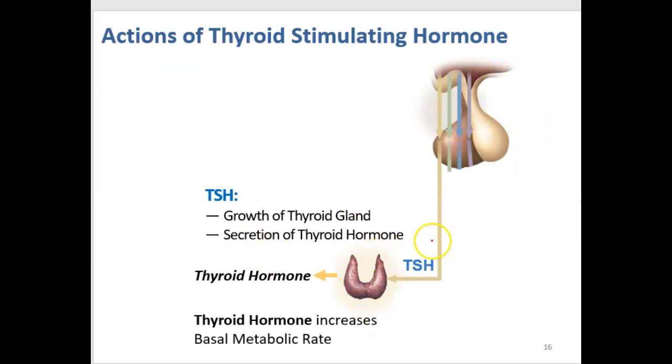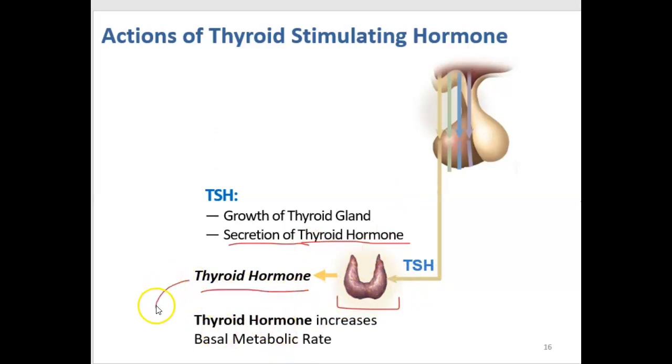So TSH from the anterior pituitary causes the thyroid gland to grow. Mainly mitosis happens, but also the cells become bigger because they're making a lot of thyroid hormone, which will be released through secretory vesicles. So in response to TSH, the thyroid gland makes thyroid hormone.